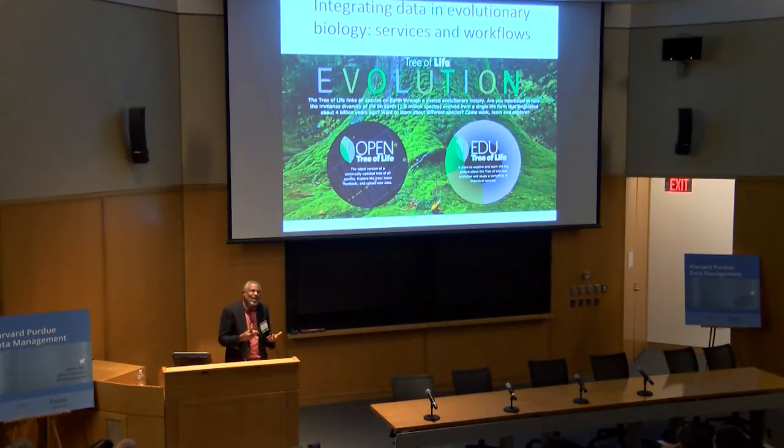NSF has funded a variety of informatics projects, again in the area of biodiversity, which are not only allowing researchers to look at data in more detail, but essentially opening up to the public, with a very extensive outreach component. You can see here, this is called the Open Tree of Life. It's essentially a framework for allowing access to the data and the family relationships of the 1.2 million currently described species, and that number is expected to escalate in the upcoming years.